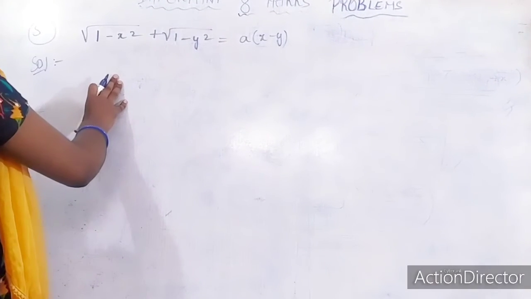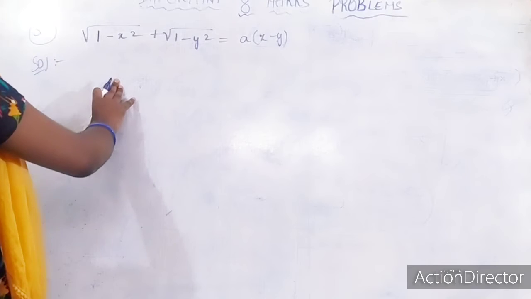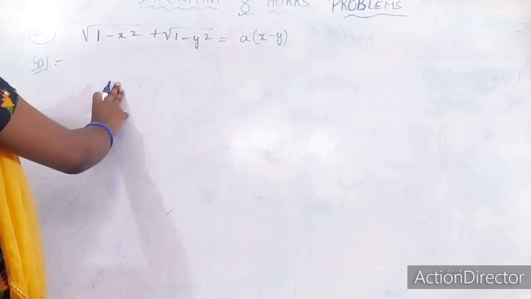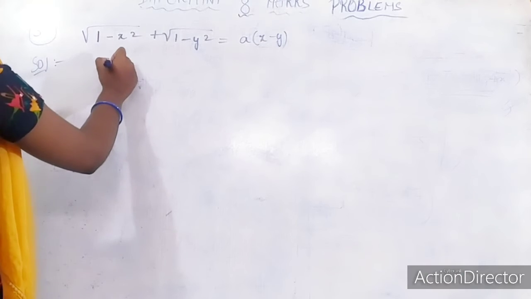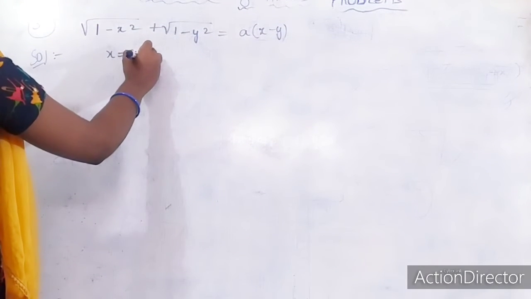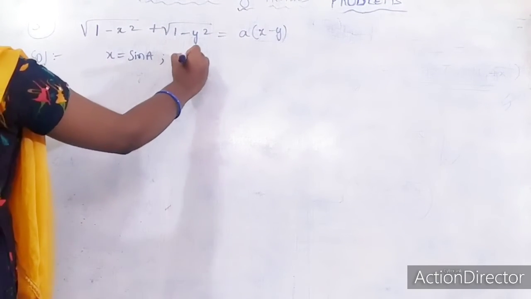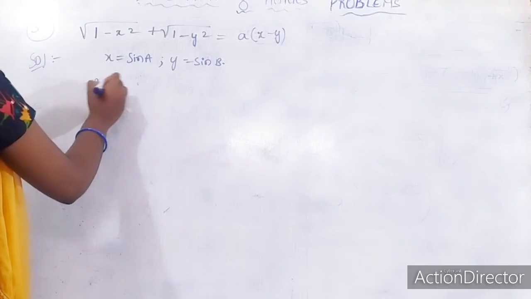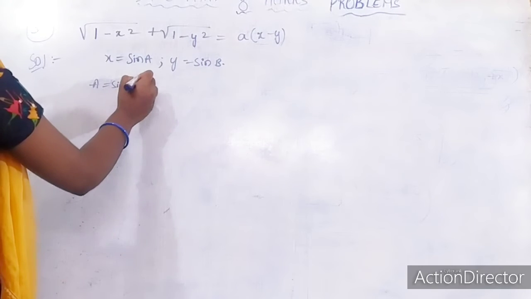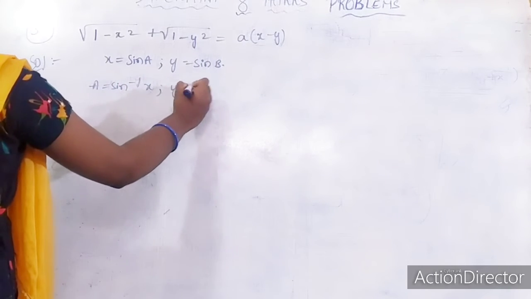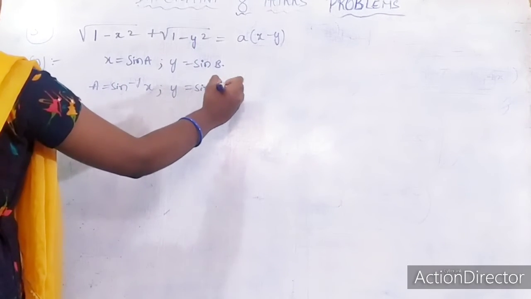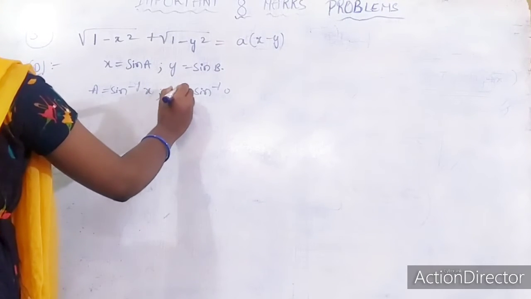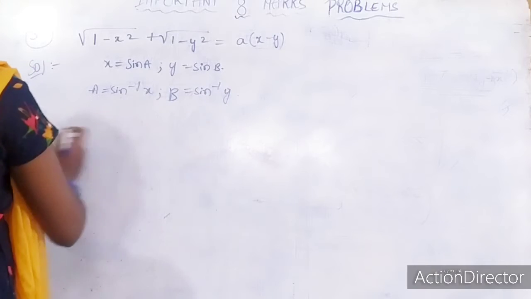Next question, root of 1 minus x square plus root of 1 minus y square is equal to a into x minus y. Let me assume that x is equal to sin a and y is equal to sin b. From this we can write a is equal to sin inverse x and b is equal to sin inverse y.